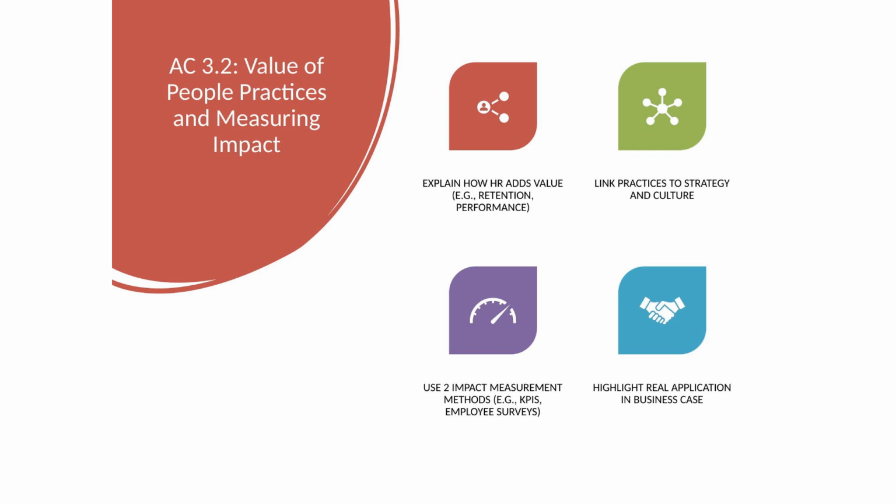Explain how findings influence decisions, like continuing a mentoring scheme that improves retention. Support your claims with examples and consider cost-benefit analysis. This shows HR's strategic role and helps justify people investments. Use terms like evidence-based HR or data-driven strategy to connect value creation with analytics and reporting frameworks.